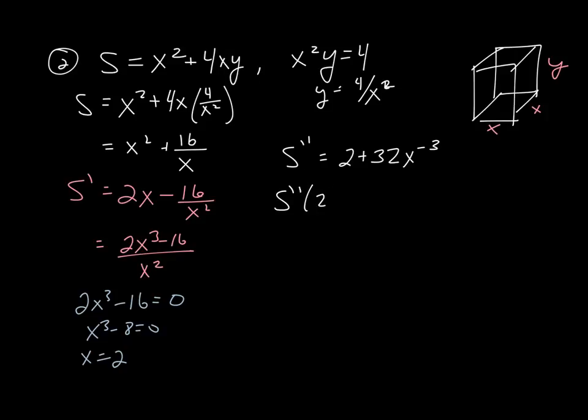So the second derivative at 2 is going to be 2 plus 4, which is 6. All right.